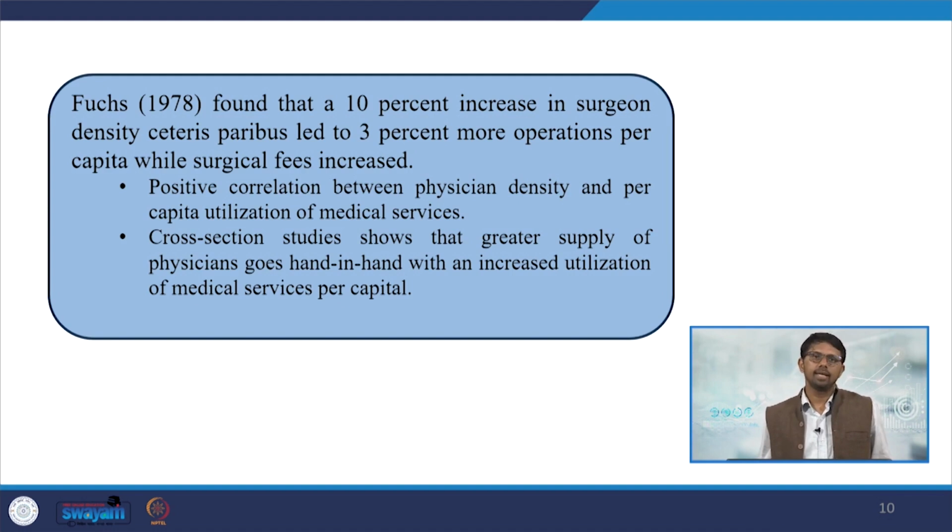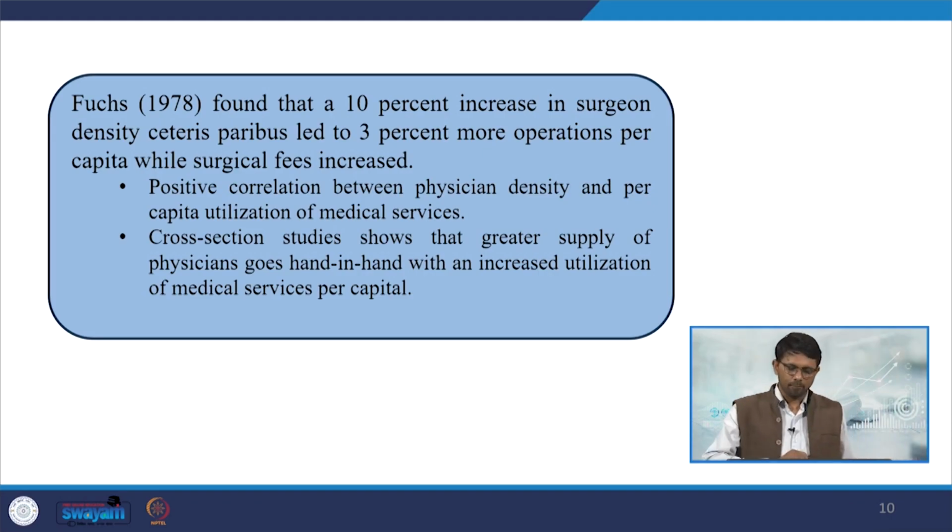Fuchs 1978 found that a 10% increase in surgeon density, keeping other things constant, led to 3% more operations per capita, while surgical fees increased. This shows a positive correlation between physician density and per capita utilization of medical services.